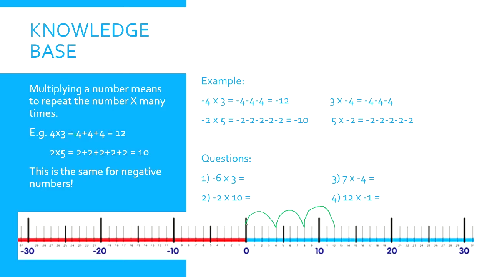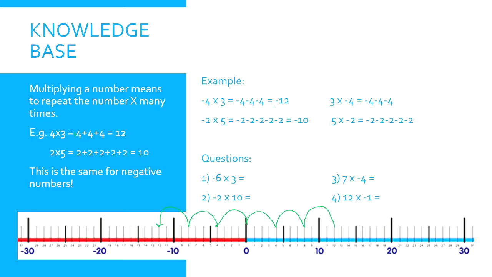So I'd start off at my 0 and I'd jump minus 4, another minus 4, and then my third negative 4 here, which would get me to a total of negative 4, negative 8, negative 12. So negative 12 has to be the answer.